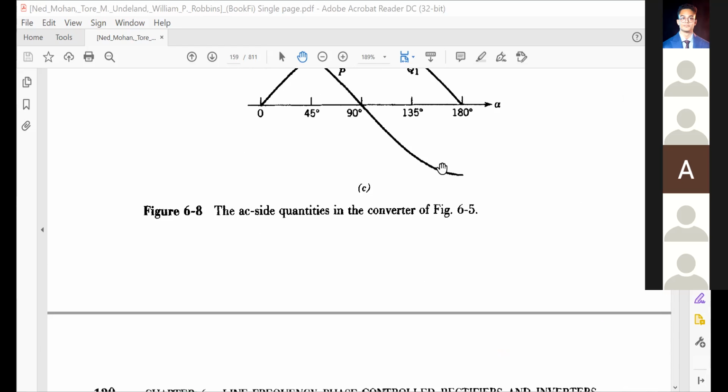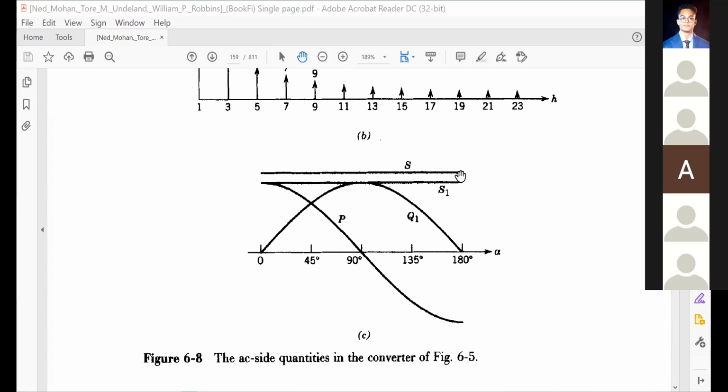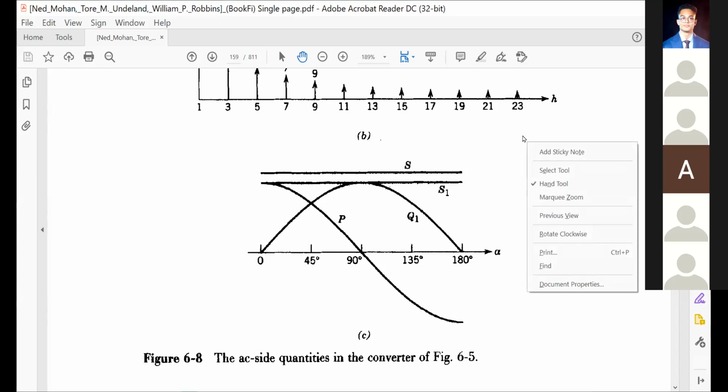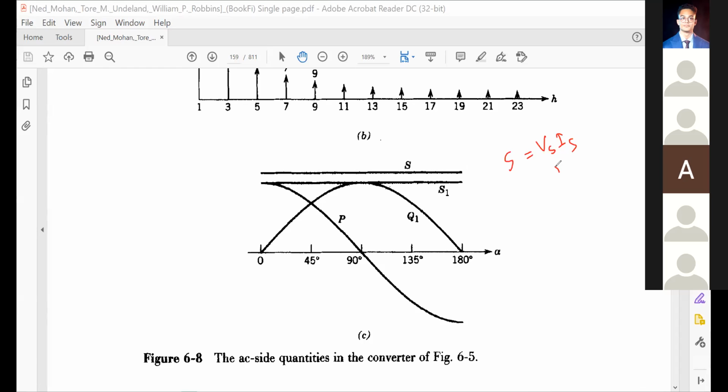So they have plotted here. First one, this is S, VSIS. This is the constant value. So VS is constant, IS is constant. It is of course equal to your ID.